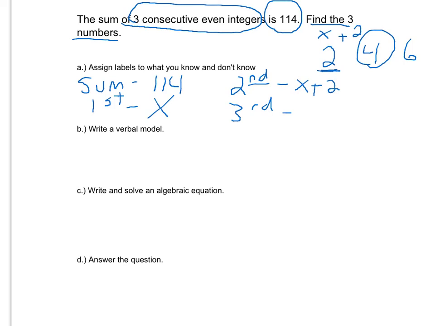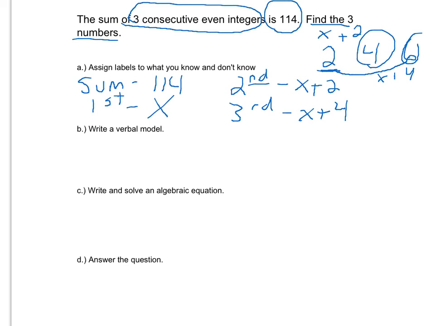I add 2 to it to go to the next even number. Now let's think about how I get from 2 to 6. That would be x plus 4. Okay, because I'm skipping 2 sets of numbers now. So my first number is x. My second number, because I'm skipping 1, is x plus 2. And my third number, because I have to skip another one after that, is x plus 4.